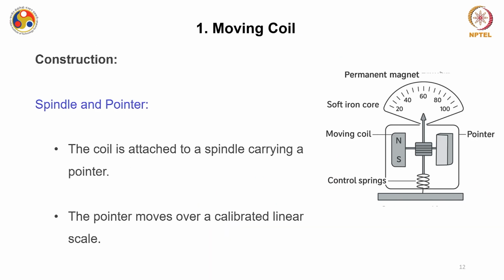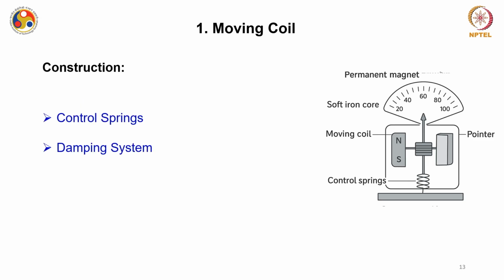Now you have a spindle and pointer system to support this movement. We will discuss that when we talk about this PMMC tool in more detail. But even for a small force, this coil will start rotating, and it can rotate ideally for infinite time if you do not have a controlling mechanism.